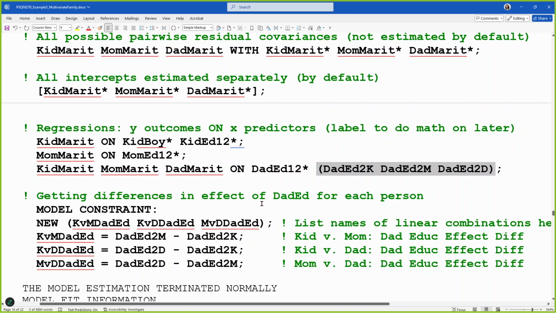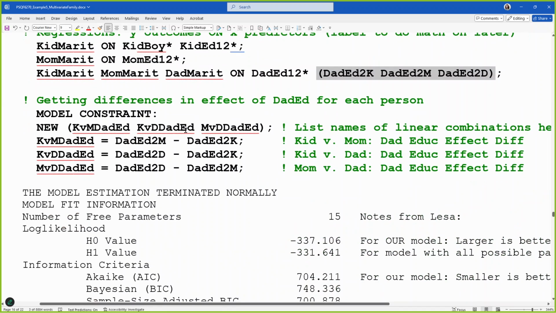And it works the same way as Lavaan, in that these labels refer to what these slopes are going to be, and then I can do math on them down here by defining new terms that are the result of the math. So like this one, for instance, is the difference between the slope of dad's education predicting the kid versus the mom. So linear combinations in M+ are also possible for anything, not just fixed effects.